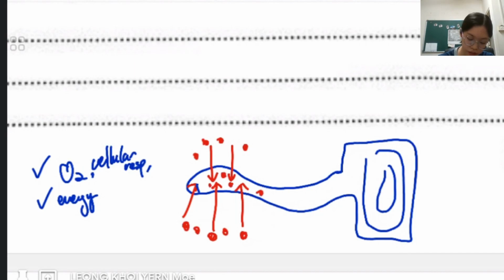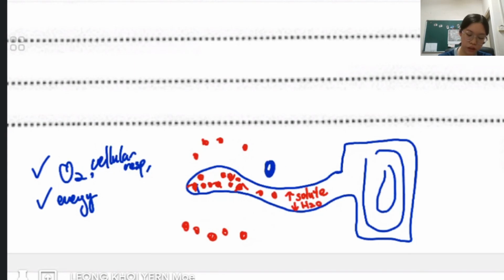Once they keep getting actively transported in, the cell has a high solute potential because it has a lot of mineral ions, leading to a low water potential.